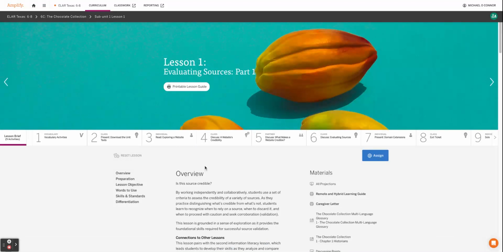All right, everyone. We are starting with lesson 1, subunit 1, and we are in our new big unit called the chocolate collection. We've got some research, some writing, some investigating, some thinking to do, some evaluating as this unit continues.